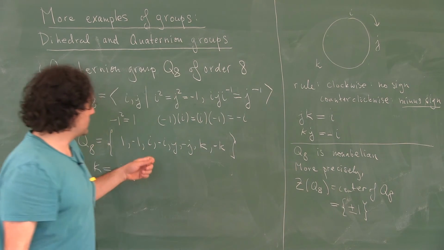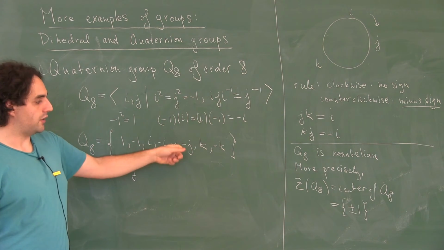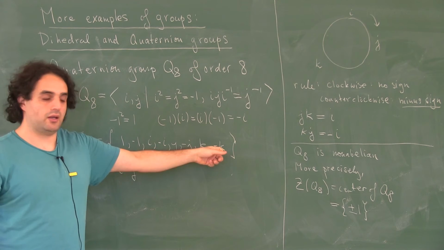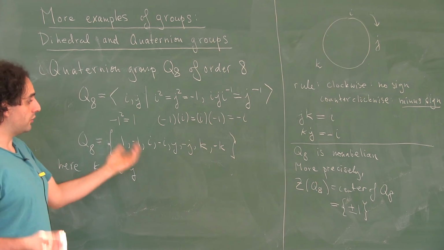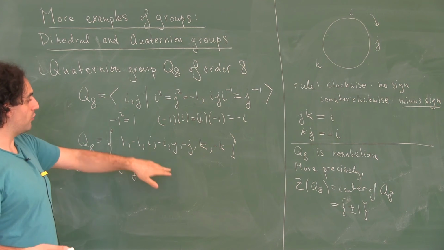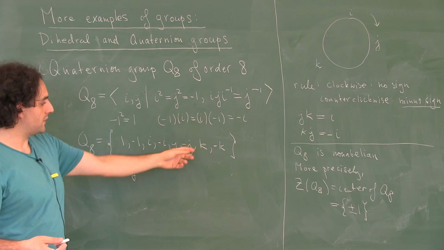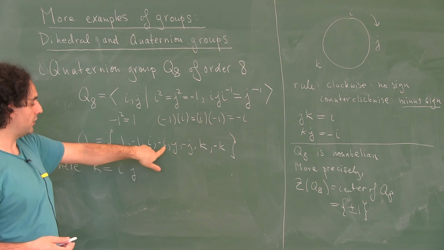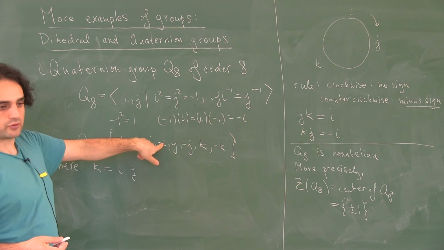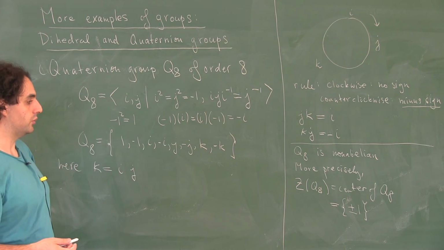Because the 6 elements i, -i, j, -j, k, and -k do not commute with everything else. If I take one of these 6 elements and I take another one that's not the negative of the first one I took, those two will not commute.